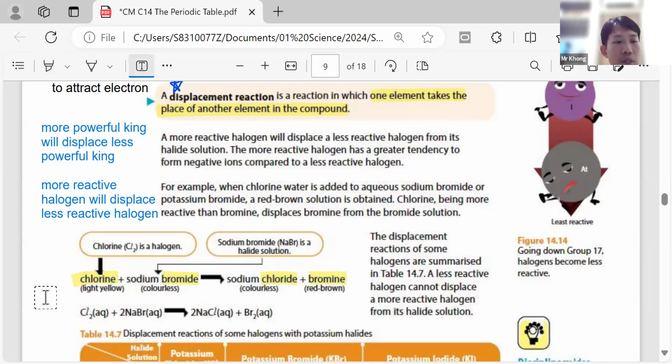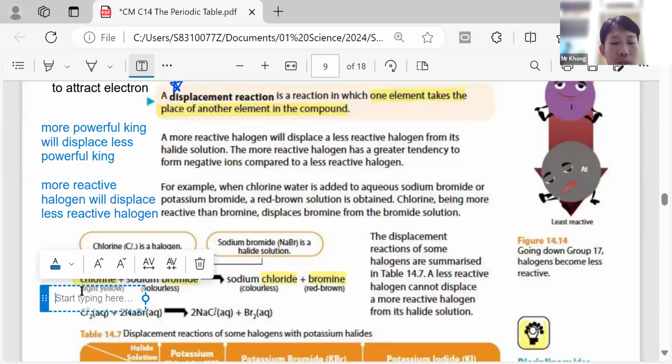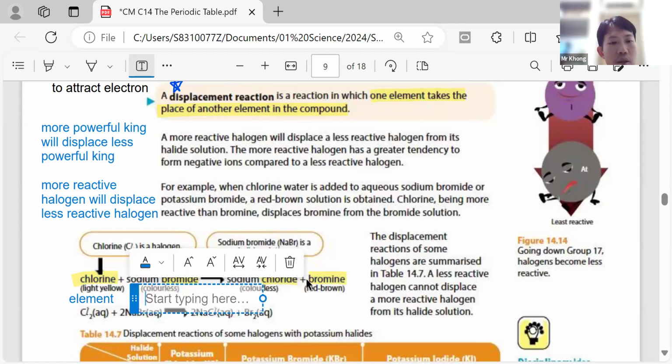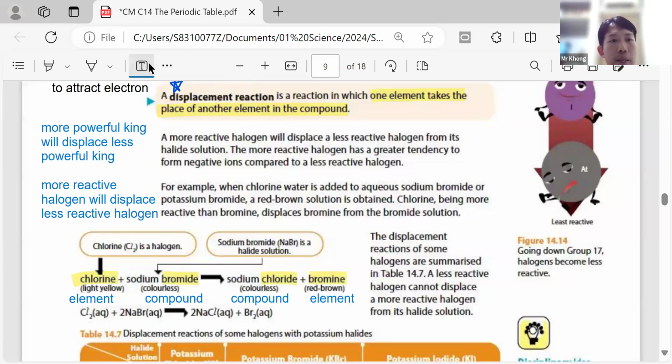Let me just reiterate here. You can write the words: the chlorine is originally in the element form, and after that it reacts with the bromide in the compound, and the chloride becomes part of a compound, and the bromine is displaced as an element.